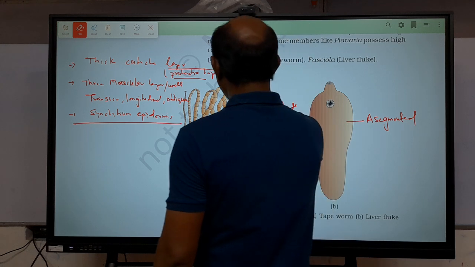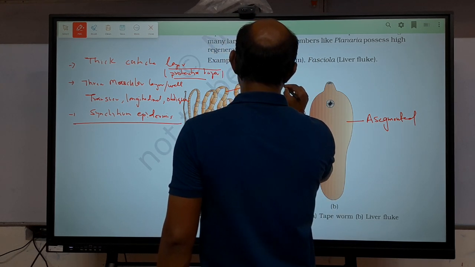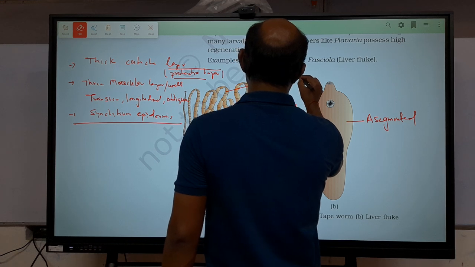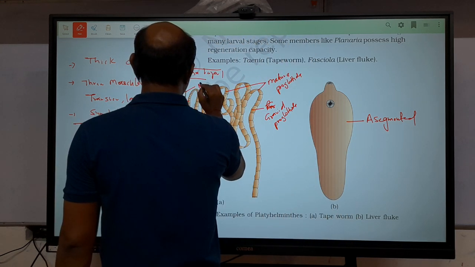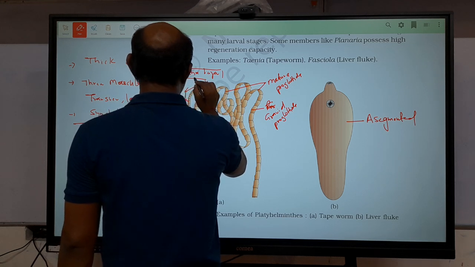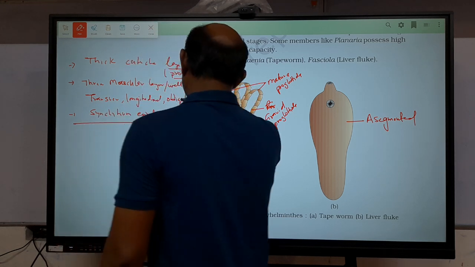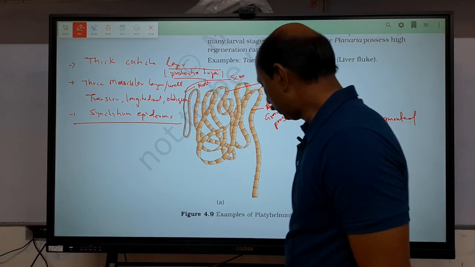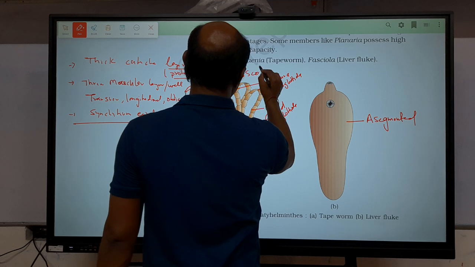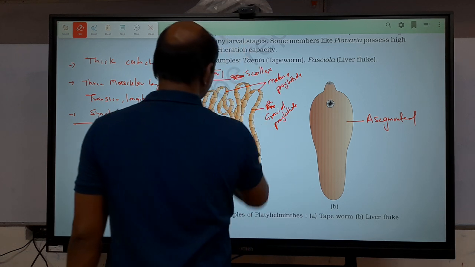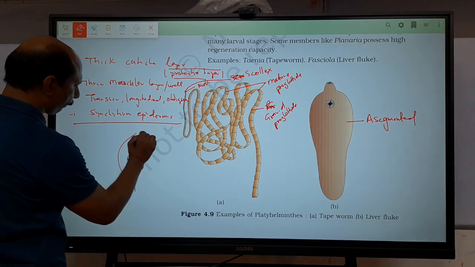These are mature proglottids. This one is the neck, and the mouth part is called the scolex. This is the scolex.